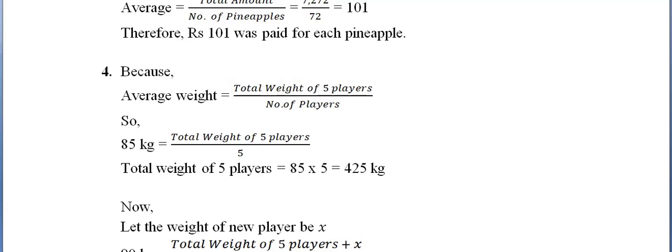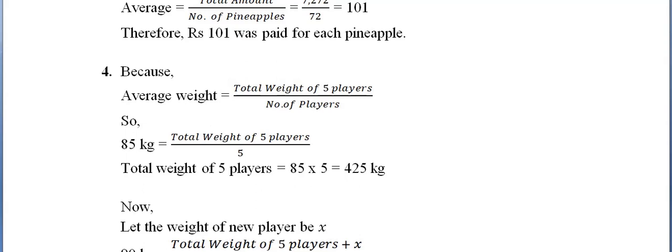The first part of the question is the average weight of 5 kabaddi players is 85 kg. Now the second part is if one more player joins, which means 5 plus 1, so there are 6 players, then the average will be 90 kg. So you have to find the weight of the new player.